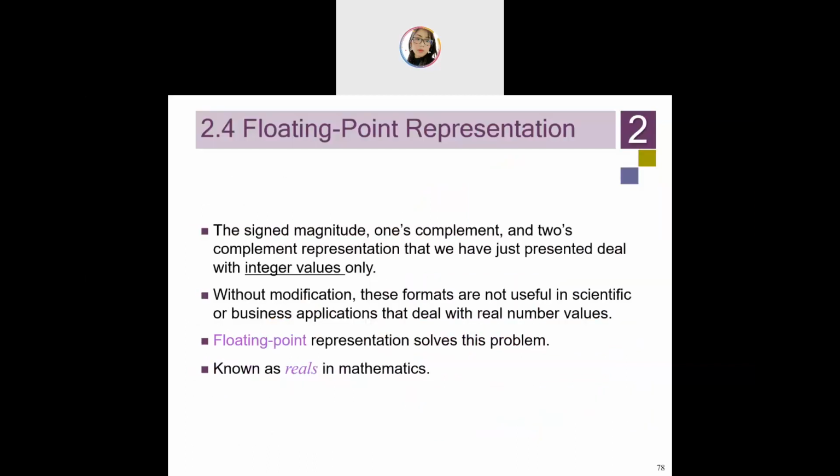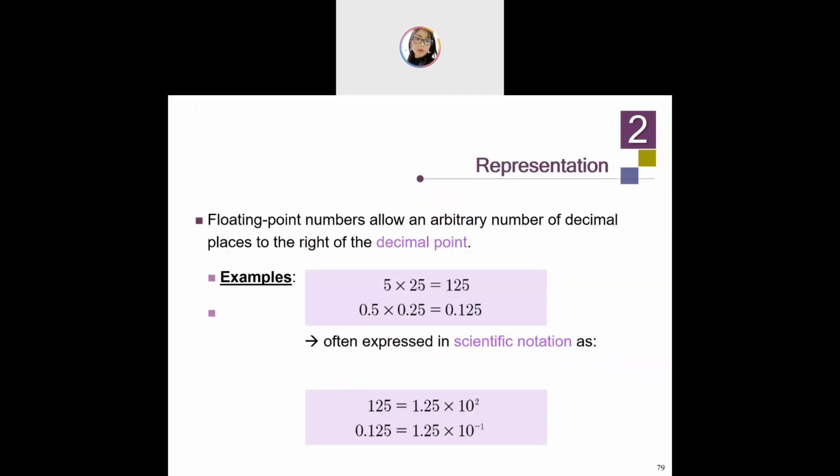Okay, this one you can read by yourself. Now we look directly at the representation. When you have your number, this one you are familiar with, it is a normal integer. But this is your floating number, with digits to the right after your radix point. You can also represent this number in terms of scientific notation.